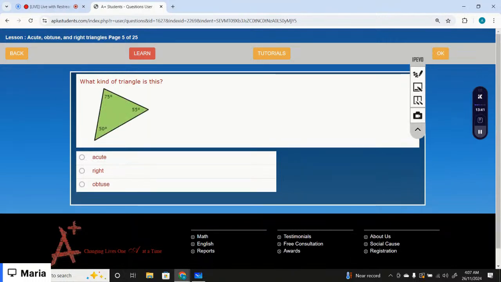What kind of triangle is this? That is 75 degrees, 55 degrees, and 50 degrees. So which is the correct option?